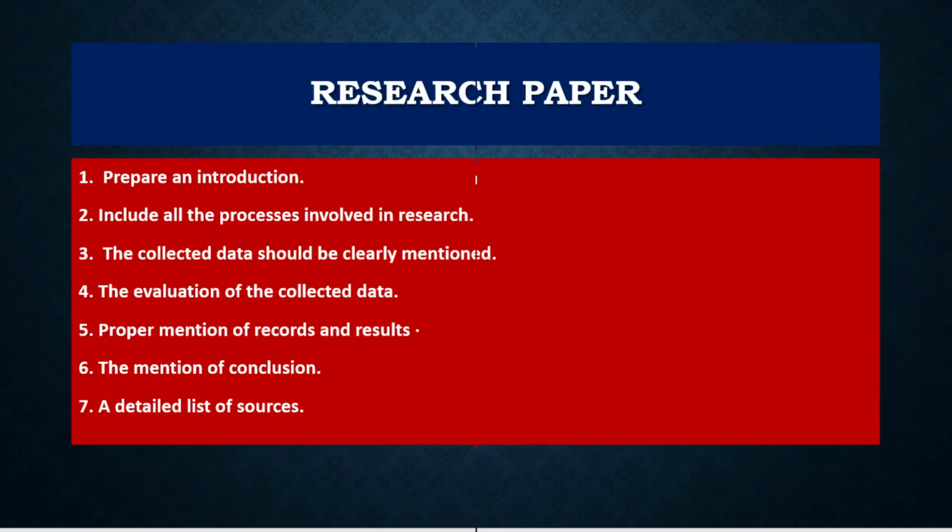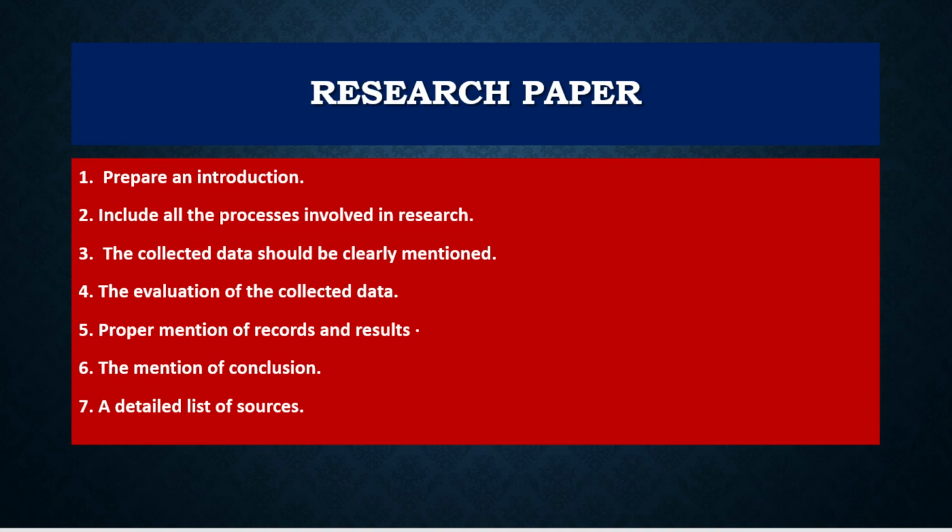Whereas in research paper, the first step is to prepare an introduction which states the basis and purpose of research program conducted. Next, a well-drafted research plan that includes all the processes involved in the research and its sources. Next thing is the collected data should be clearly mentioned irrespective of whether it is physical or informative evidence.